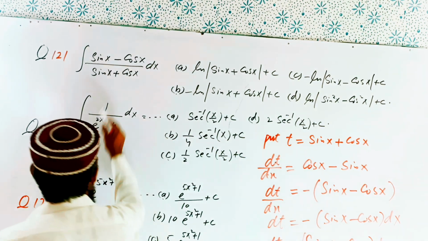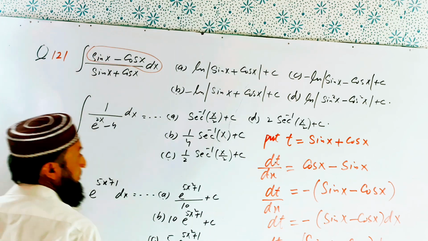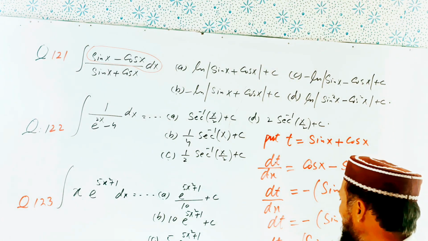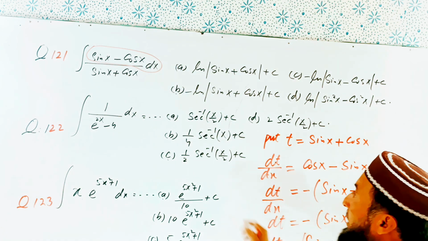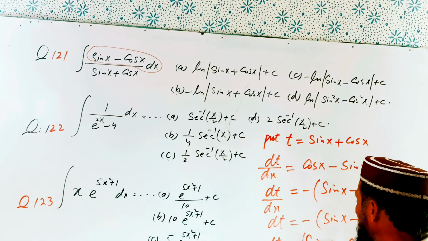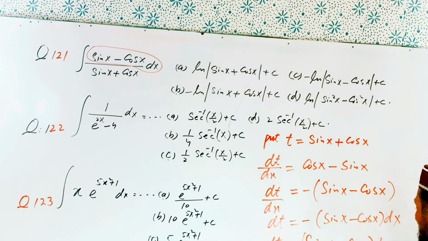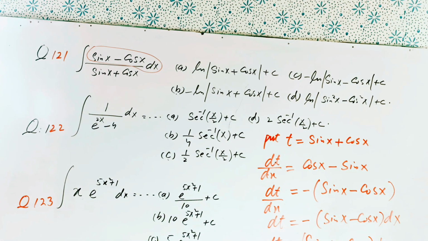So the result is minus dt, and in place of the denominator we put sin x plus cos x is equal to t. So we get here minus log of t plus c. We put t is equal to sin x plus cos x, so the answer is minus log of sin x plus cos x plus c.